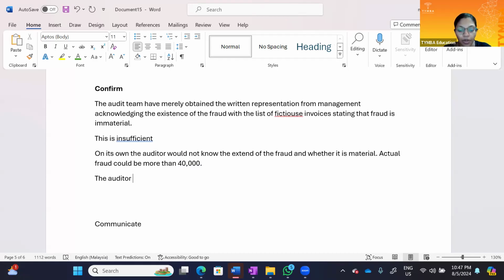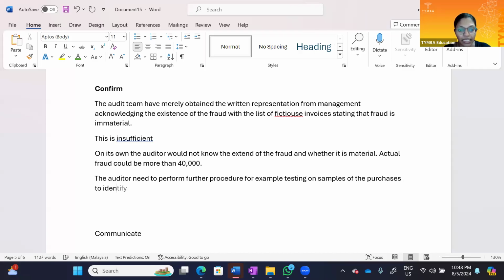The auditor needs to perform further procedures, for example, testing on samples of the purchases, to identify if there are any other items involving the fraud. I think that should be fine.